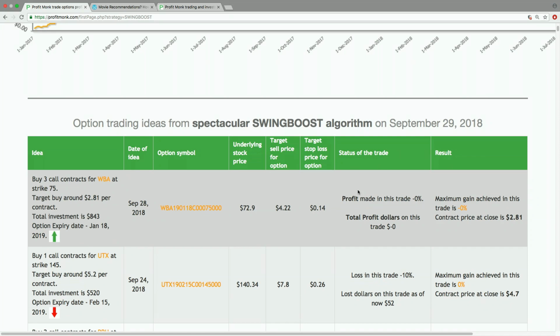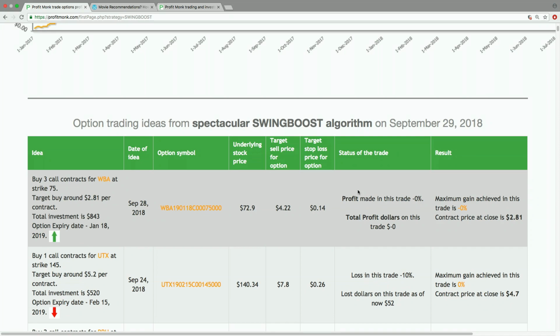Then the next column has information on when this particular idea came up on the website. When did the AI find it? That was yesterday, September 28th. What's the option symbol? This may be useful if you're looking at Fidelity or something, because sometimes they give you these symbols and that's the only way you can trade.